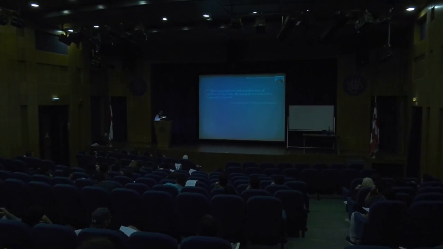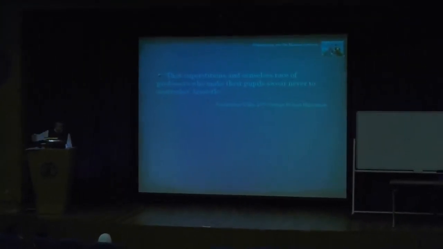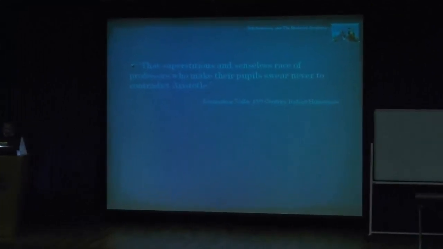I'll start with these two quick references on how scholasticism has been evaluated. This is from Laurentius Valla in the 15th century, an Italian humanist. On the scholastics, he says, they are a superstitious and senseless race of professors who make their pupils swear never to contradict Aristotle.